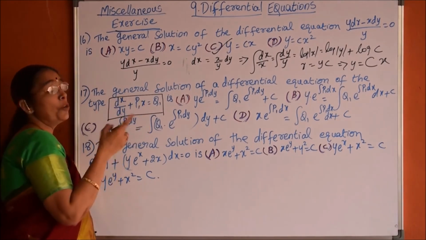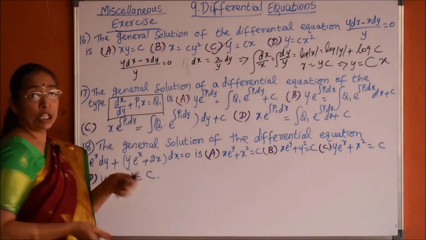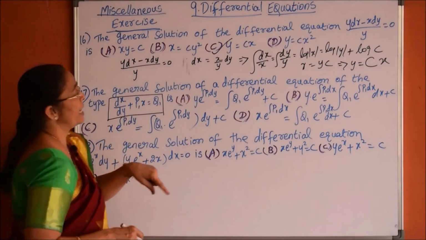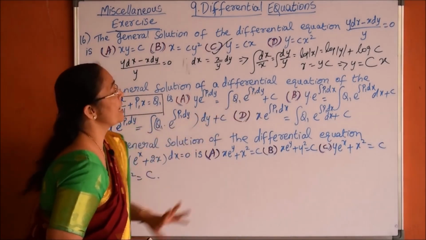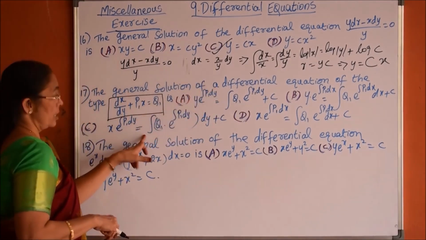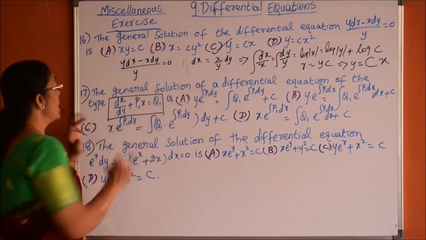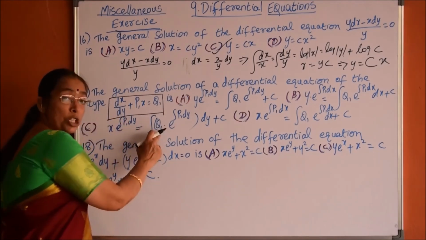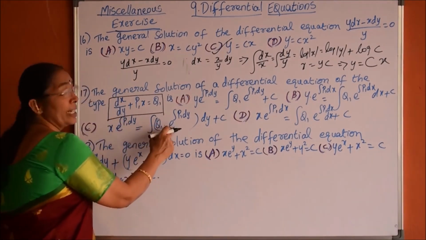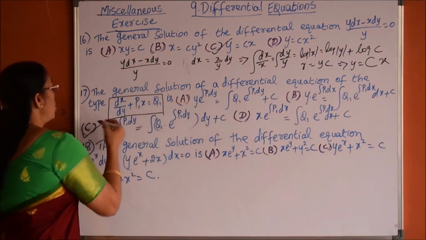So e power integration of p dy is our integrating factor. And the solution is x into integrating factor is equal to integration of q of y into integrating factor dy.